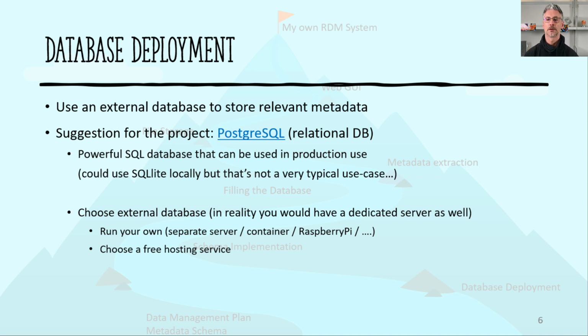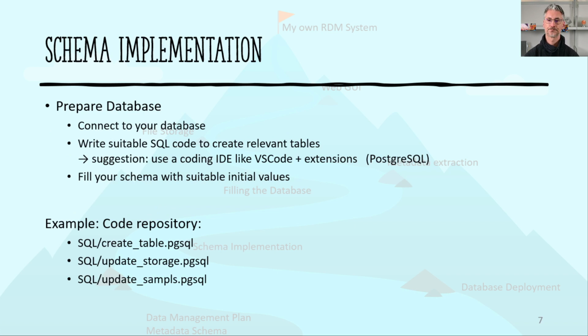For this project you can use PostgreSQL as a relational database. It's a powerful SQL database that can be used in production. You can use others, of course, but this one scales up to quite a large production environment as well. You can host it yourself on a server that you would have, or you can use an external database hosting service as you like.